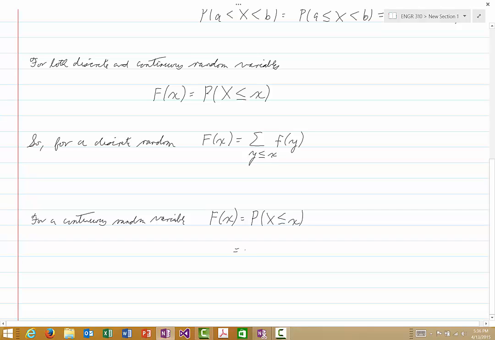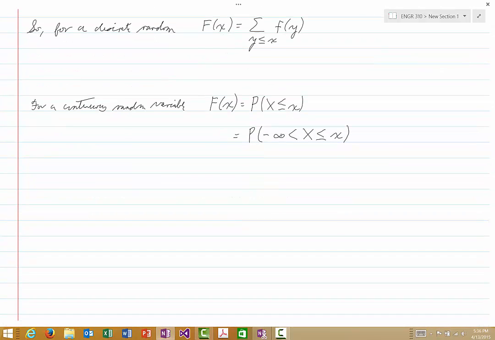Note that another way of writing that is negative infinity less than X less than or equal to little x, because certainly the random variable can't have a value less than negative infinity. So we can use that as the left limit.